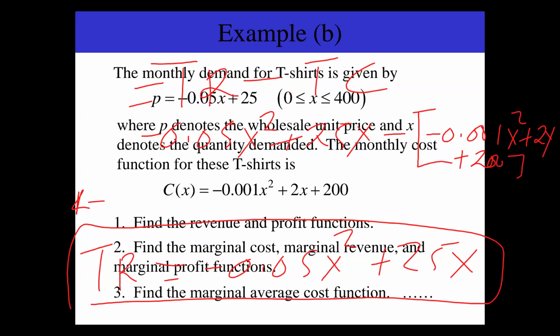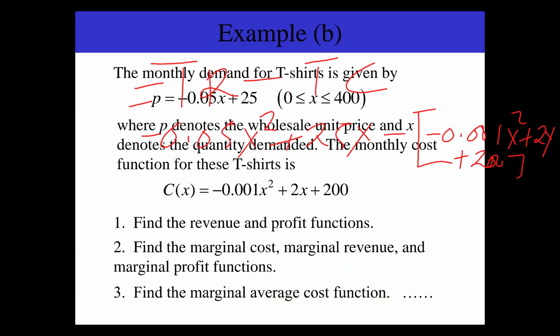Then we could go ahead and now expand the function. Negative 0.05x to the power 2 plus 25x, then minus 0.001x to the power 2 plus 2x.